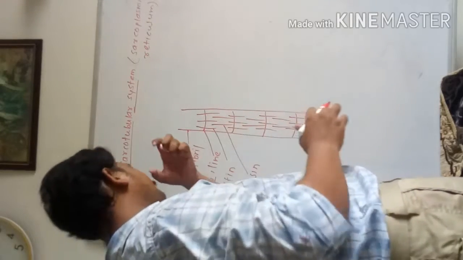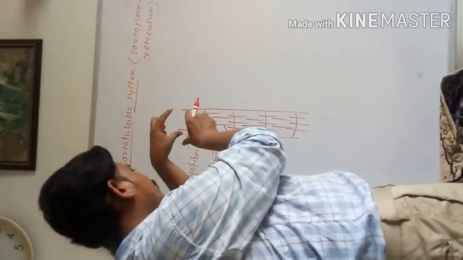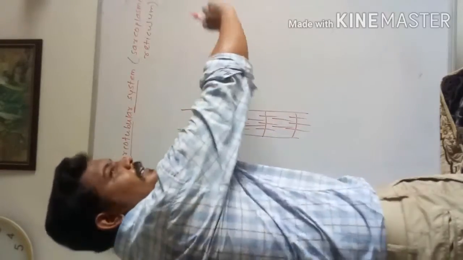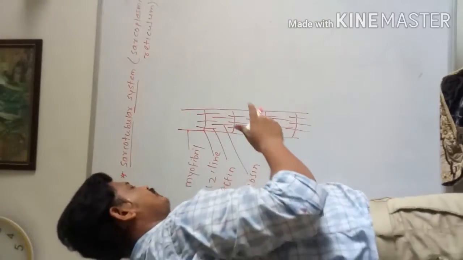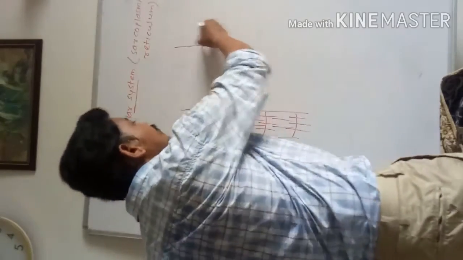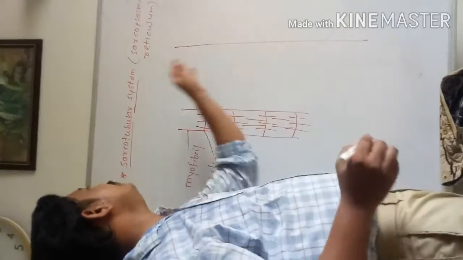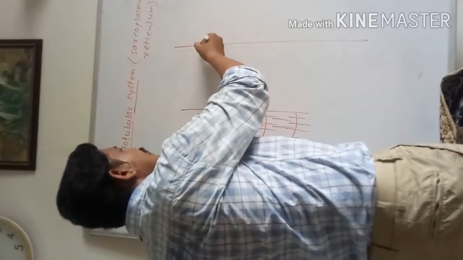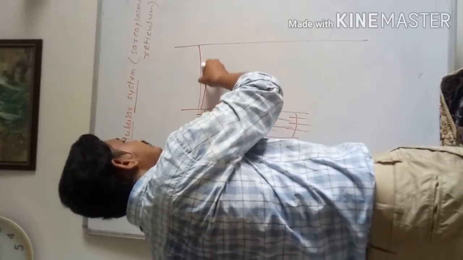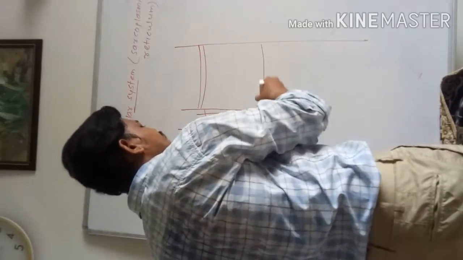Okay, this is one muscle myofibril, जैसे हम पहले horizontal देख रहे थे, vertical positions की. Okay, and this is the plasma membrane of the muscle cell. Now see here, in the plasma membrane it has two types of tubes.